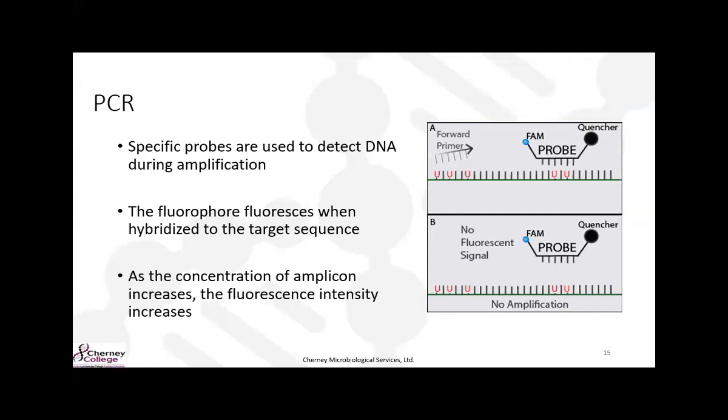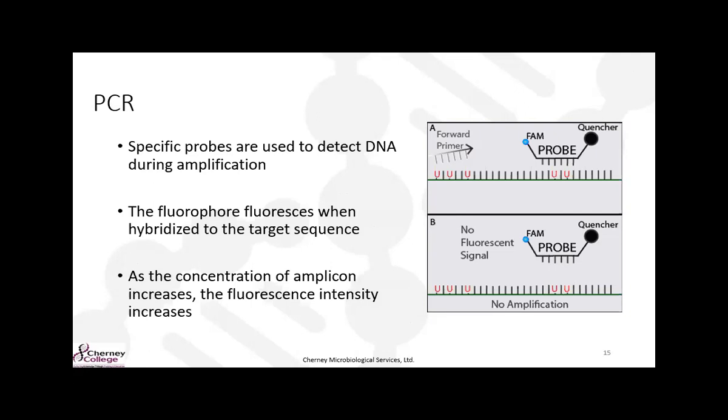Through PCR, there are specific probes that are used to detect the DNA during amplification. These probes are specific to the pathogen that you're looking for. So a probe, say if you're looking for Salmonella, is going to be specific to Salmonella DNA. When that probe attaches to the Salmonella DNA, it's going to be able to bind, and then it'll be able to complete the second strand of DNA.